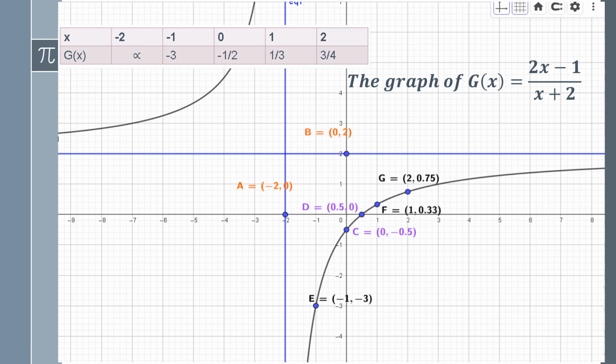So, yung sa graph, yung 2, 3/4 or yung 2 and 3/4 dito, this is the letter G. Ang coordinates ng G ay 2 at saka 0.75. Kung napapansin nyo ay medyo malapit siya sa 1. And then, yung coordinates naman ng F ay 1 and 0.33. Ito yung 1 and 1/3.